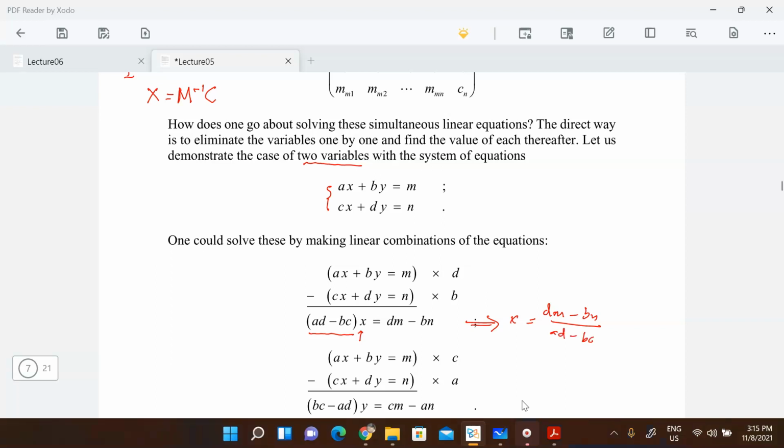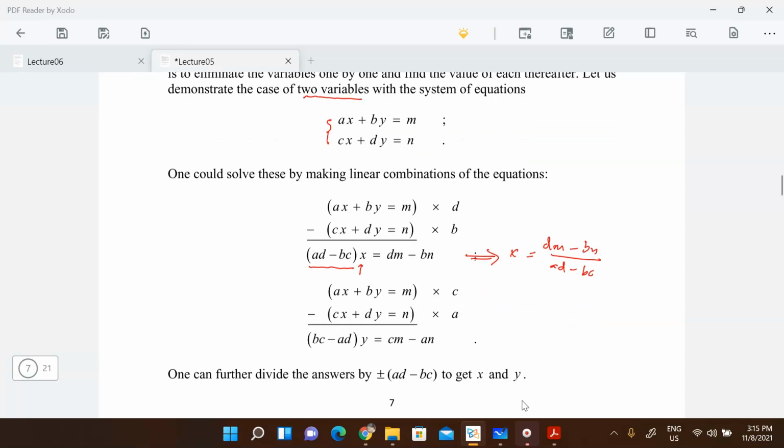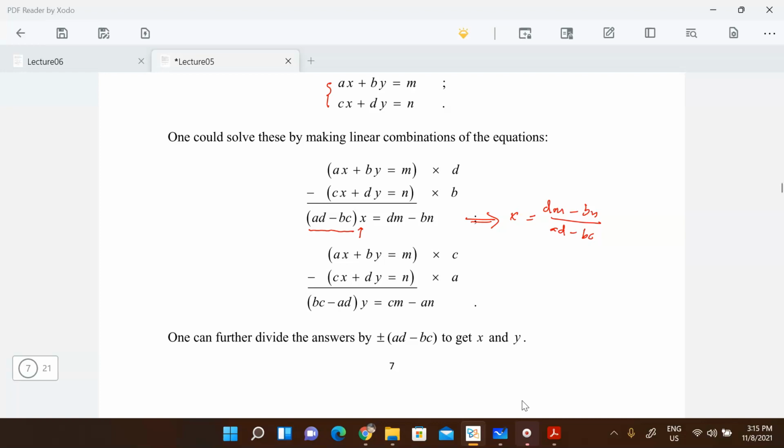Okay, and similarly, you can do it for the other one. So the top one you solve for X, the second one you solve for Y. So how do you eliminate X in this particular case? You look at what is multiplying X on both equations.